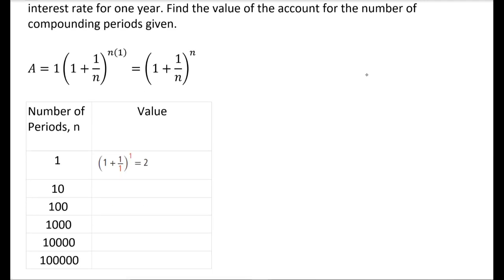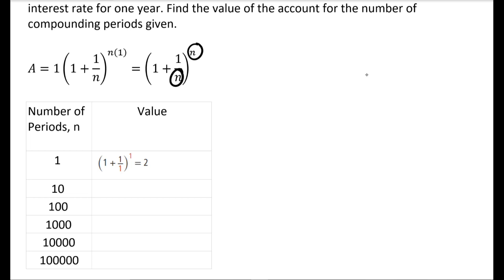If you plug in 1 into the formula for n, you're going to get 2. So after you invest $1 into that account, the value of that account will double and become $2 at the end of that year, if you're compounding once per year.